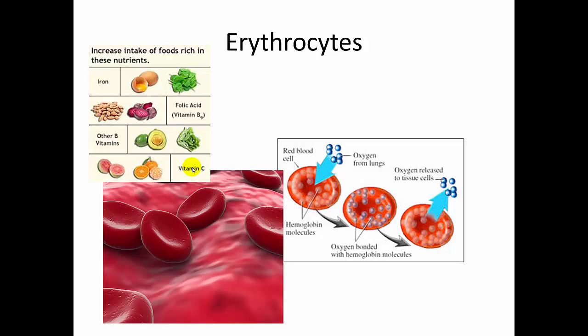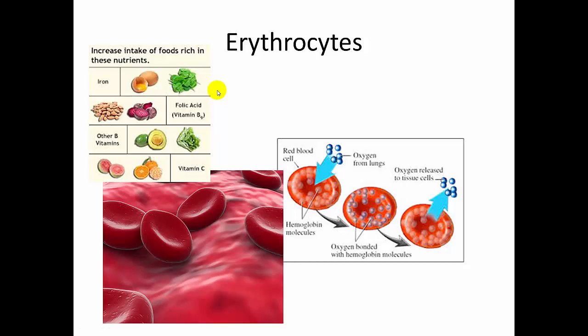So it is an essential vitamin. The other thing you want to remember about your B vitamins and vitamin C is that they're water soluble, meaning our body doesn't store them and we need fresh sources of them every day. Iron, on the other hand, is somewhat stored. That doesn't mean we don't need it on a daily basis.